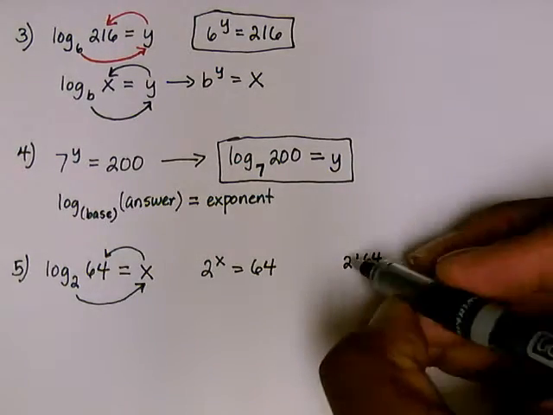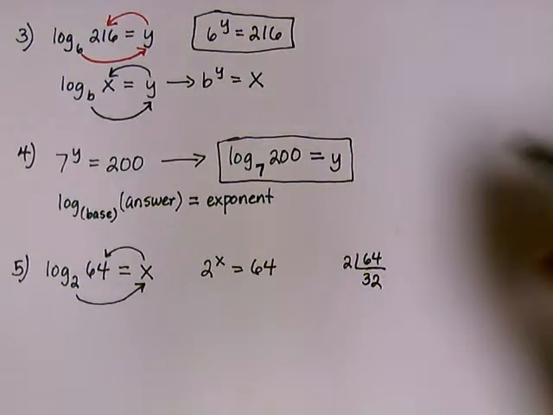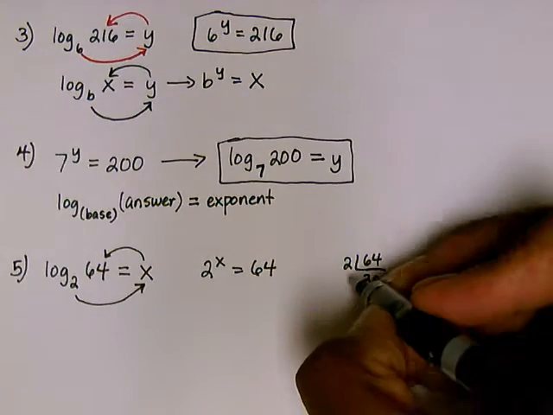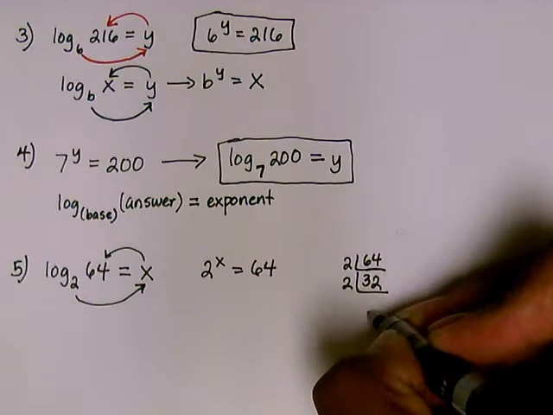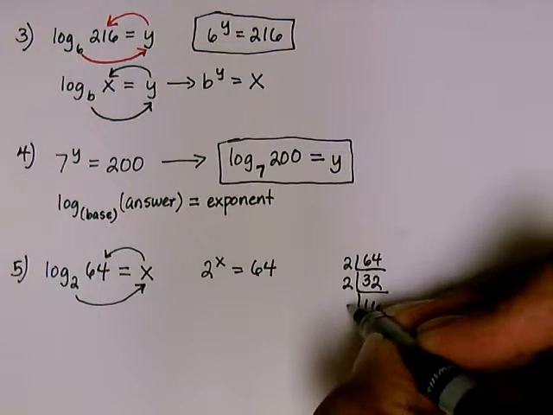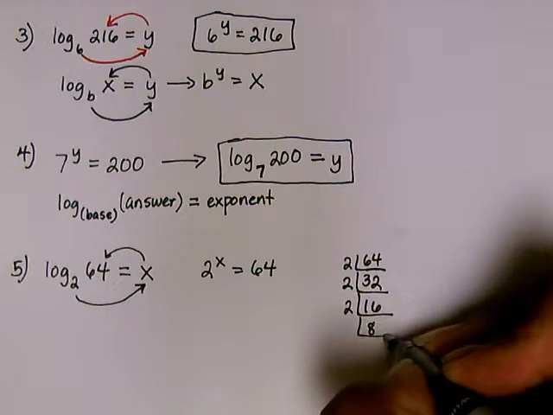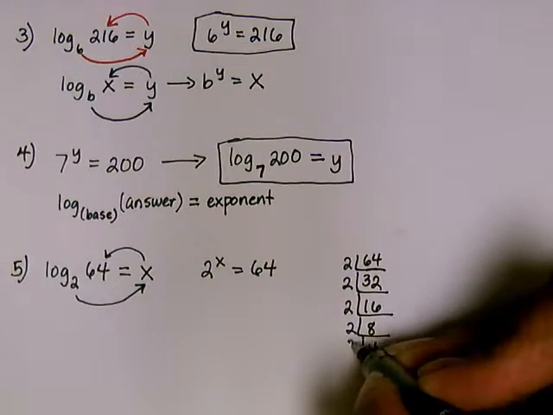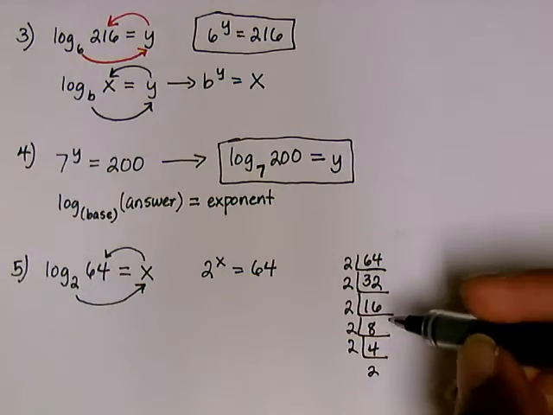Here, if I divide 2 into 64, that's going to go 32 times. Then divide 2 into 32, that's going to go 16 times. Divide 2 into 16, that's going to go 8 times. Divide 2 into 8, that's going to go 4. Divide 2 into 4, that's going to go 2 times.